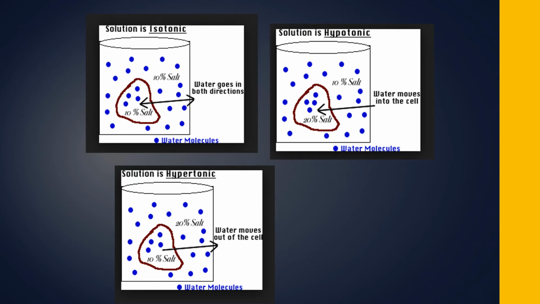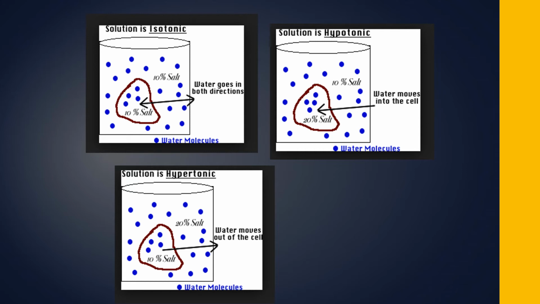Let's take, for example, that the cell is being soaked in a 10% salt solution, whether it's outside in its environment or within the cell. In the isotonic solution, as you can see, the amount of salt is the same. In its environment there is 10% salt solution, and within the cell there is 10% salt solution.